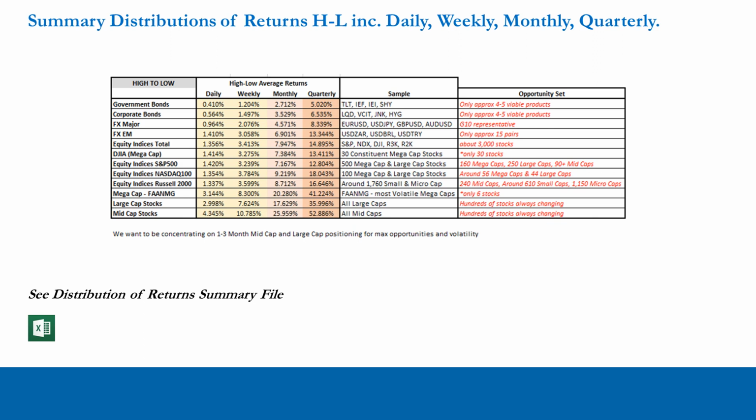We prove this with numbers. And where are the wholesale opportunities? Where there's a lot of opportunities where we can get consistency in returns. We can get the good returns and we get them in abundance. Where do they exist? Well, we found them in the mid-cap and large-cap equities area.